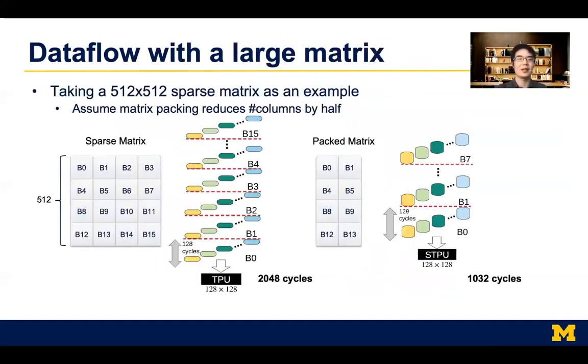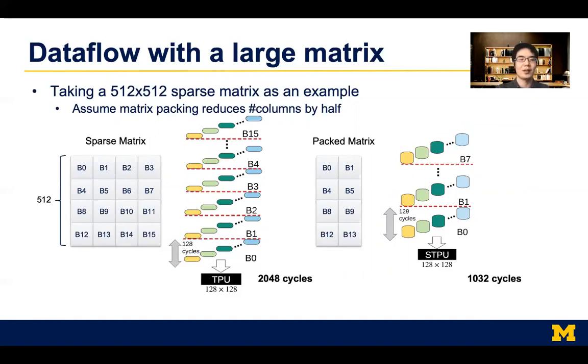For example, let's take a 512 by 512 matrix as an example. We assume the matrix packing can reduce the number of columns by half. This is usually a conservative estimation because most matrices we handle are really sparse. Because the matrix is larger than the systolic array, a common way is to block the sparse matrices.